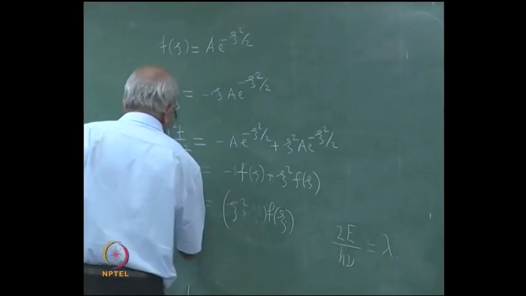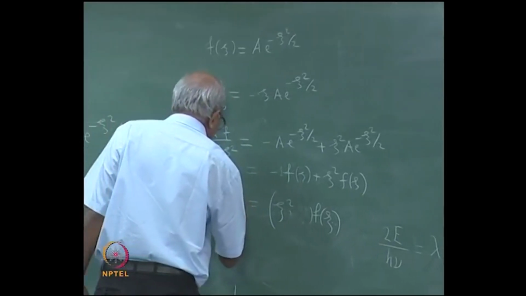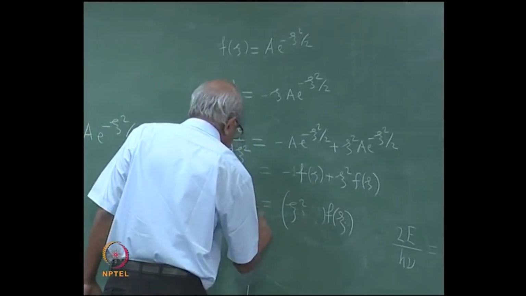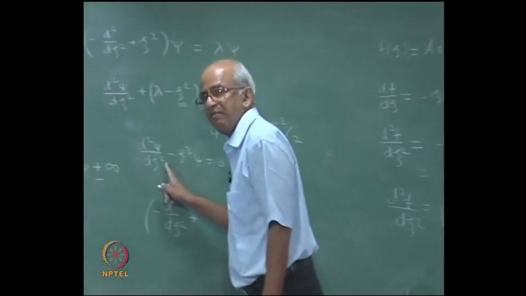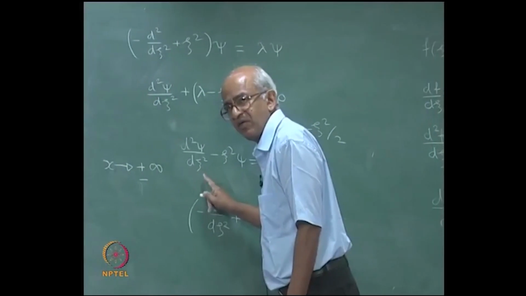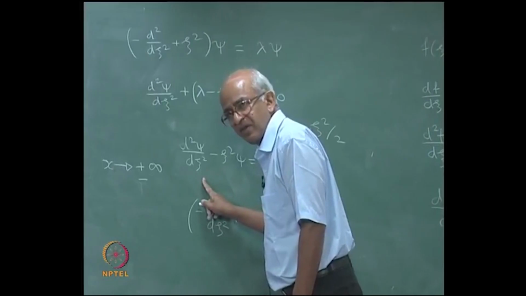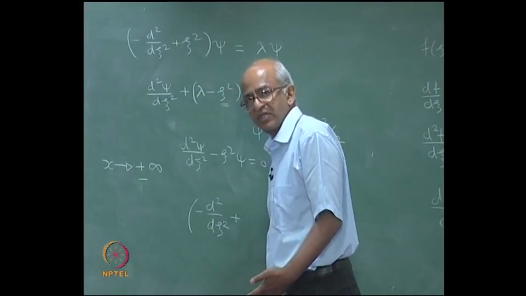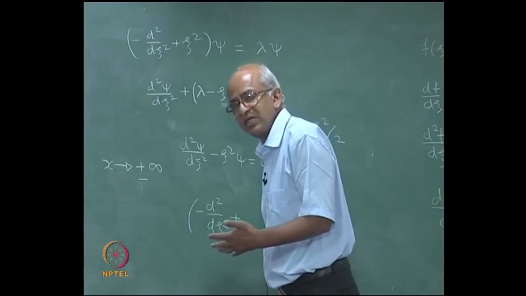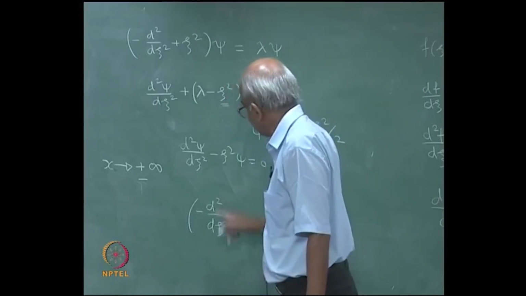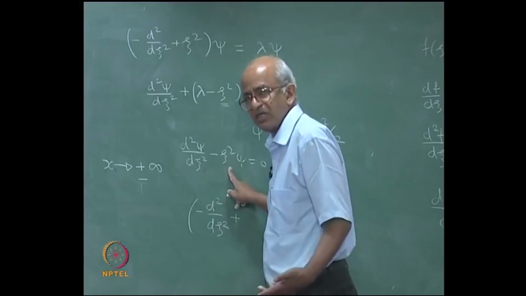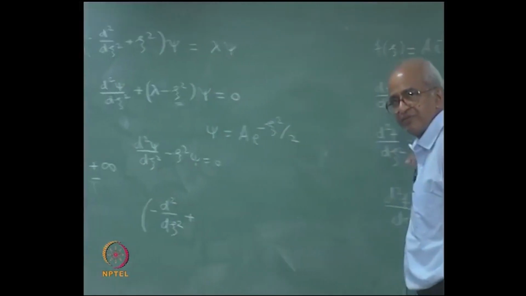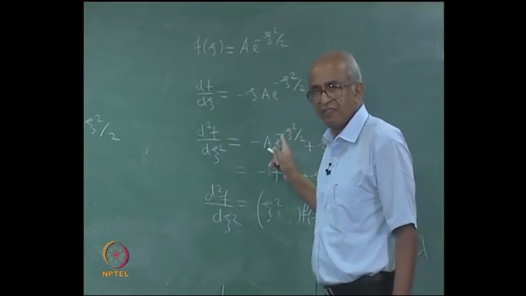This differential equation d square f by dc square is equal to c square times f of c, which is exactly the same differential equation as the one obeyed by psi. And therefore, what is the conclusion? In the large c region, a possible solution of this equation is psi equal to that function f.